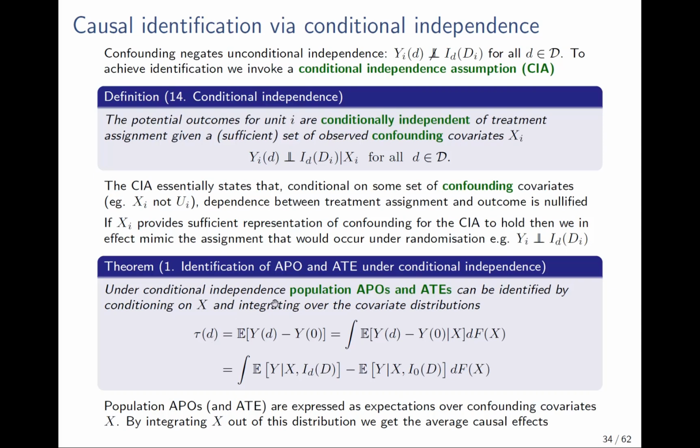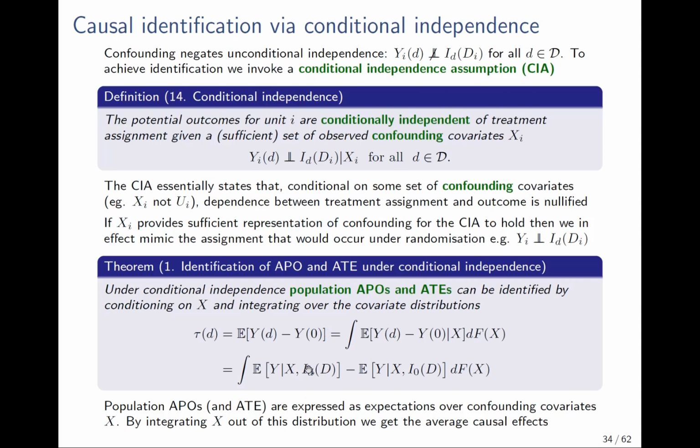We condition this expression on x, and we integrate over the distribution of x. So this is just an iterated expectation, as we saw in lecture 1. There's nothing new here. It's the expectation of the average treatment effect conditioned on x, but with x integrated out, so we get back to this quantity here that's not conditioned.